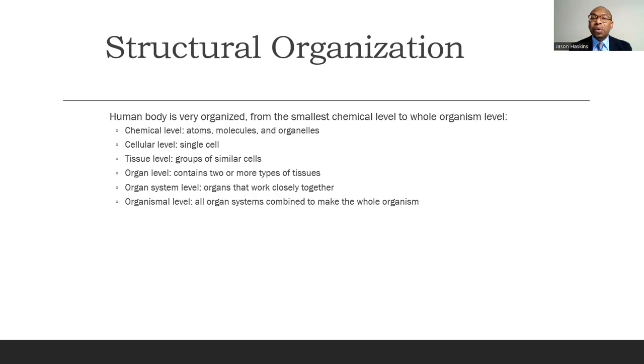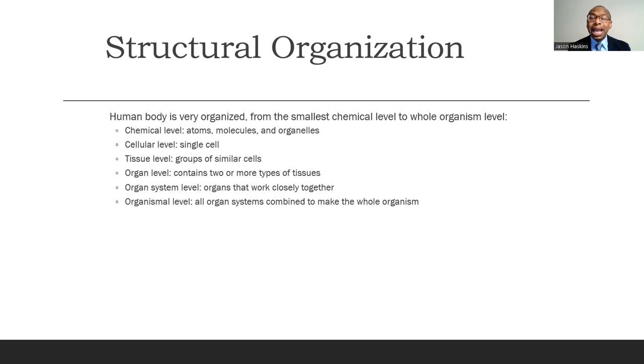We have about 11 organ systems in the body: digestive system, respiratory system, reproductive system, integumentary system, endocrine system. All of those are systems that come together to create the actual organism or that whole body.